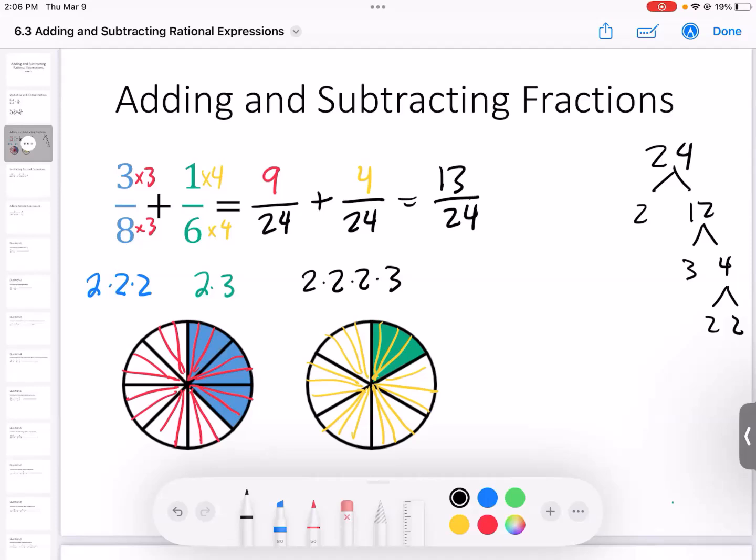And we need to know how we can find the common denominator from the factorized versions of the original denominators. So how could we get this black factorization if we knew what these two were? Do you see any patterns with those?